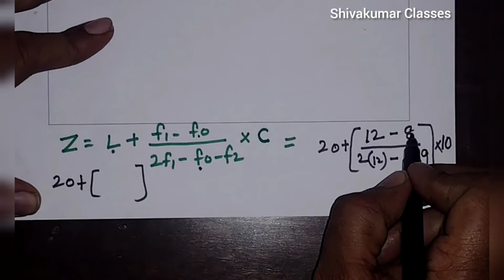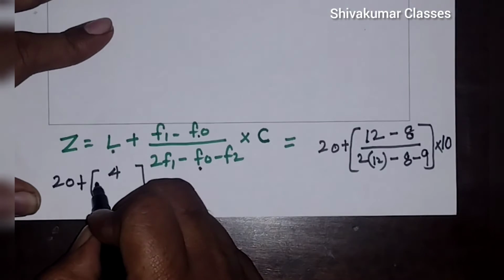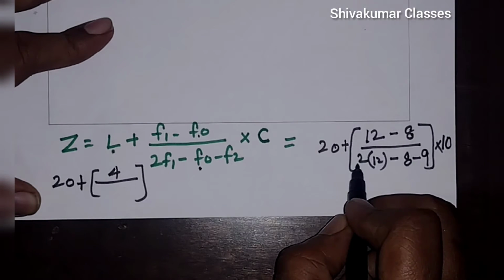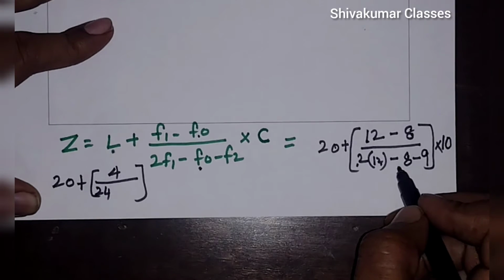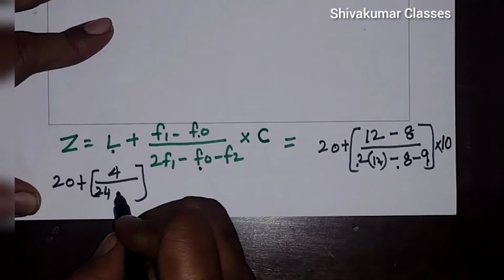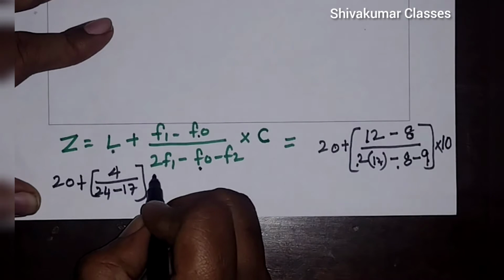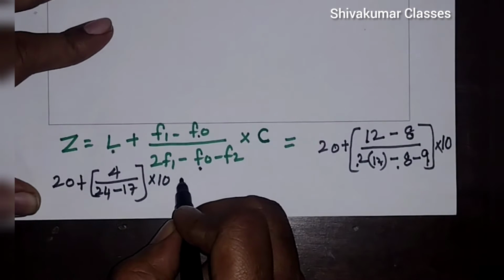12 minus 8 is 4, divided by 2 into 12, 24, minus 8 minus 9, which is 17, multiplied by 10.